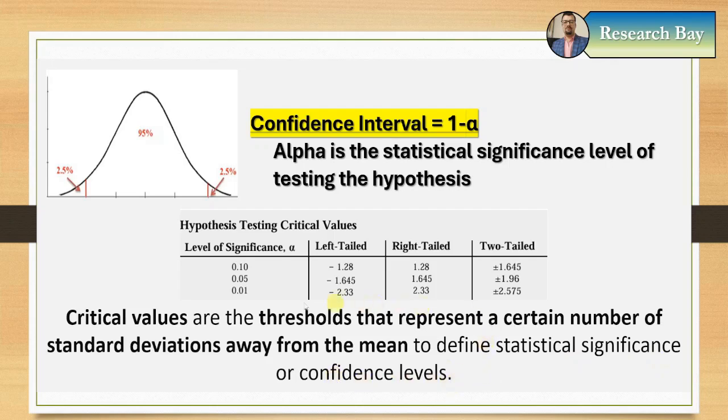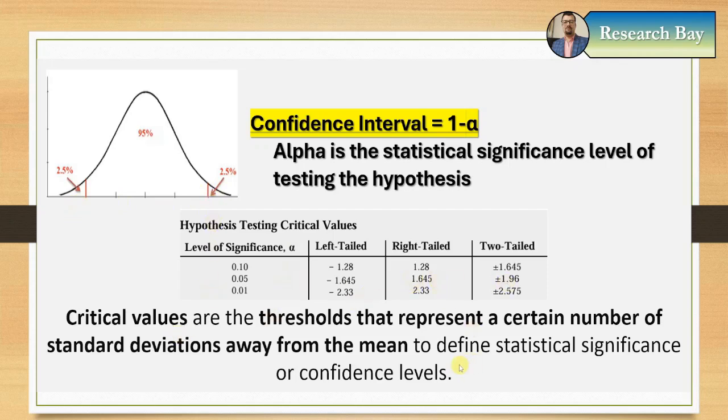So this complex statement which is written over here, I have made you explain and understand it in a very simple manner, that these numbers which you see here will correspond to this 2.5% and this 2.5%. For a two-tailed, the range is from minus 1.96 to plus 1.96. So these are known as critical values.